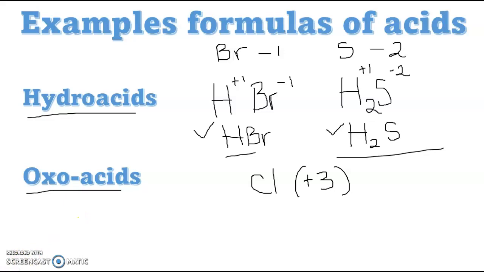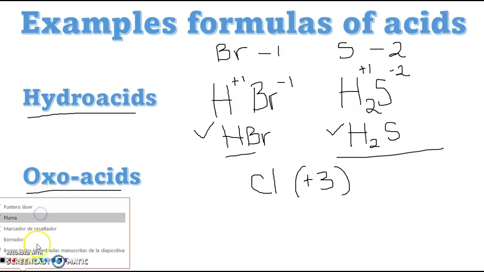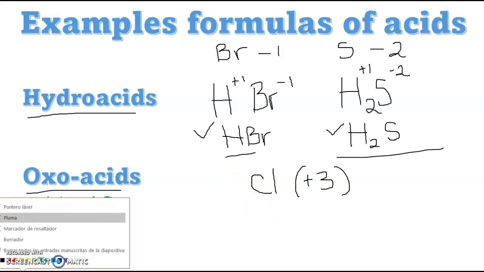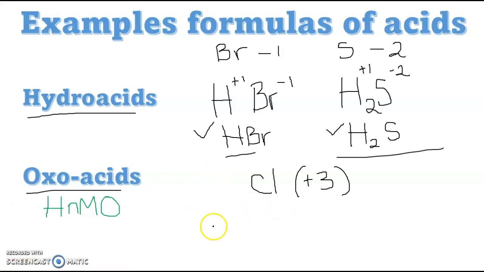Okay, so if we write here the general formula for oxoacids, remember that we are always going to have hydrogen first, then my nonmetal, and then oxygen. That's the general formula that I'm going to consider here in order to propose a formula for my acid. So I start with hydrogen, I continue with chlorine, and then oxygen.